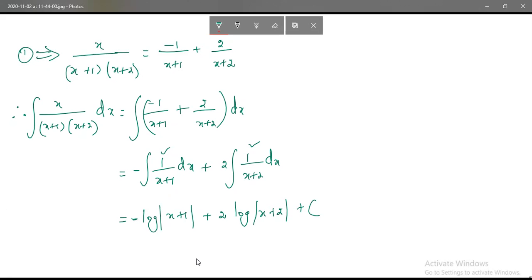And now actually it is this plus this. Here you have log a minus log b. You already know that log a minus log b is log a by b.